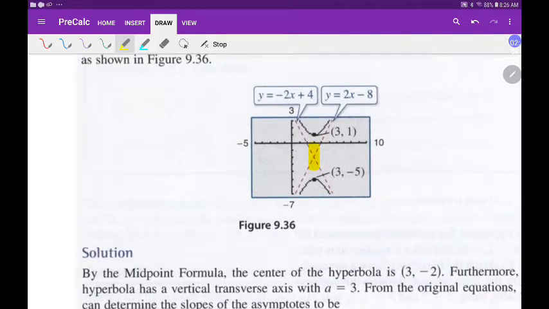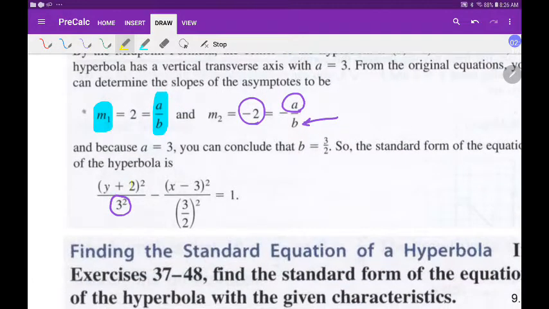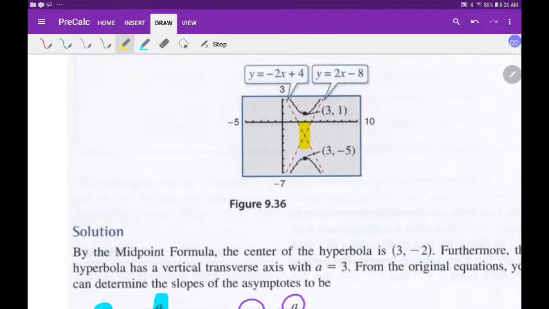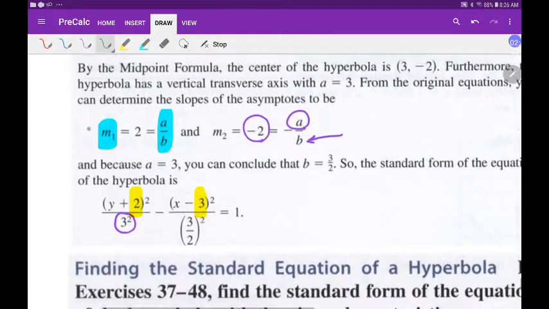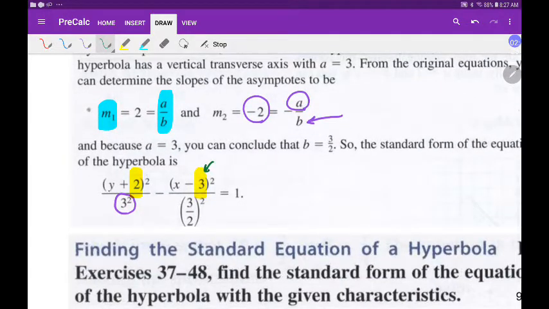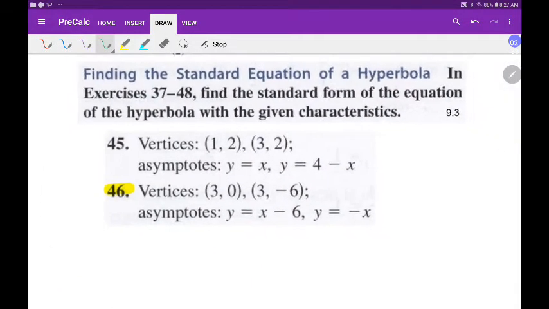The center's up here, and apparently it's at minus 2 and plus 3. Plus 3 and minus 2, so that's the center. Okay, so I know those values. The only thing I didn't know was b, and I can find b up here with the slope formula. The slope is equal to negative a over b, so I can solve for b. All right, so that's what I'm going to do.